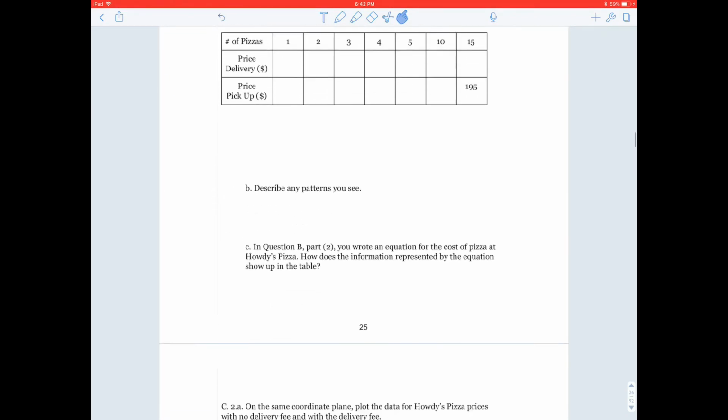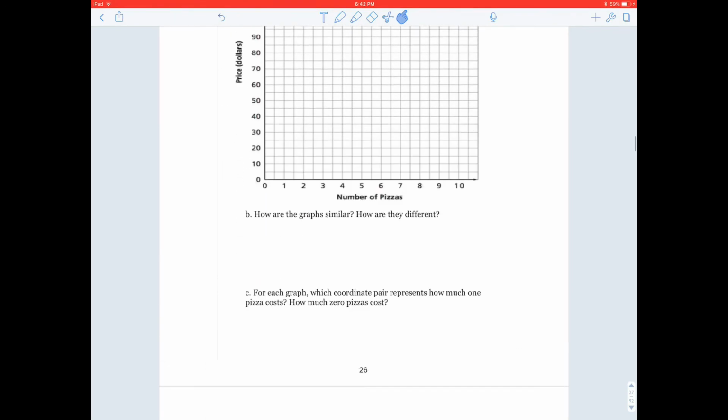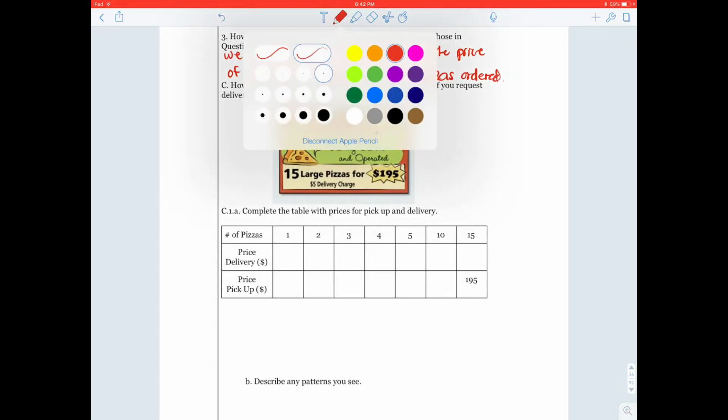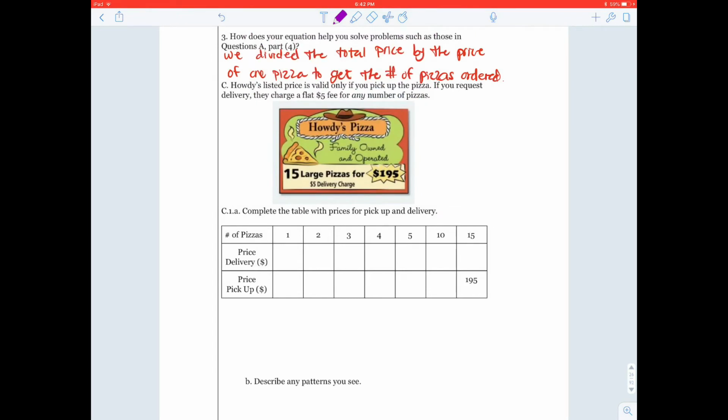All right, let's keep going. We are in the home stretch. Okay. So Howdy's has some hidden fees going on here. It says Howdy's listed price is valid only if you pick up the pizza. So if you request delivery, they charge a flat $5 fee for any number of pizzas.